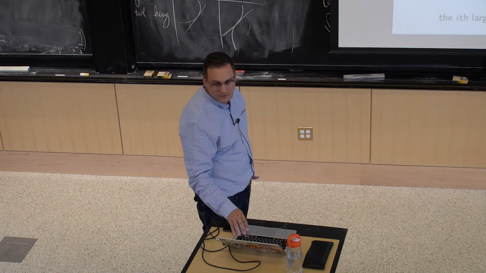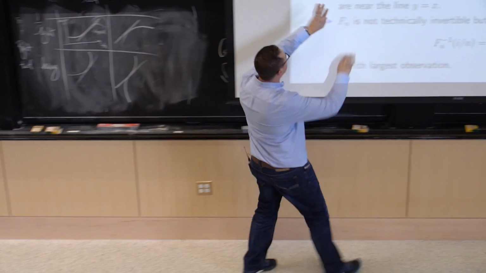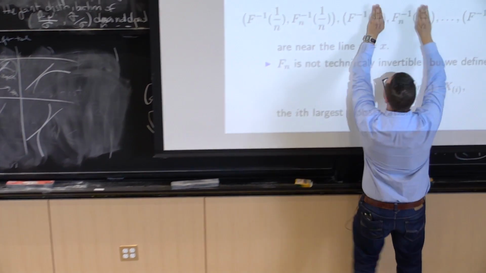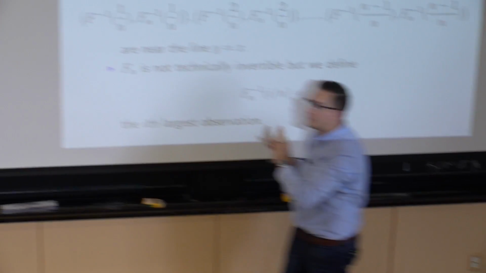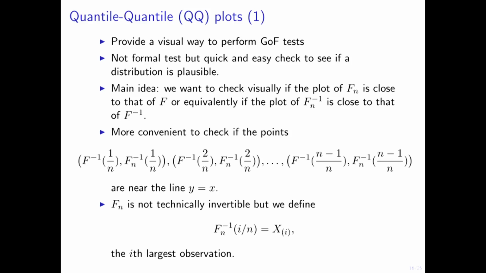Oh, you're putting the... Yeah, so it's a scatter plot, right? Each point is attached 1 over n, 2 over n, 3 over n. For each point, I'm plotting that as my x value, which maps a number between 0 and 1 back onto the entire real line, and my y value is the same.